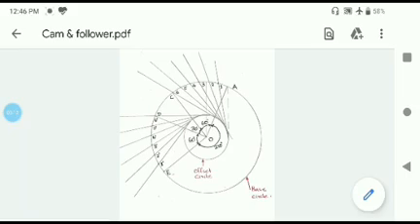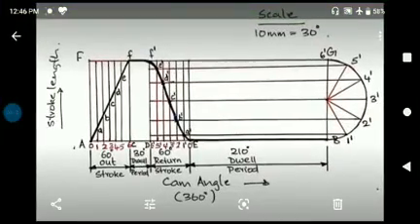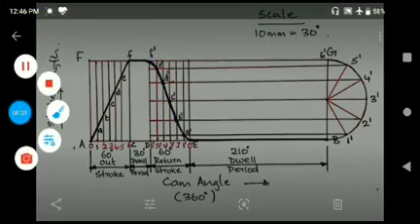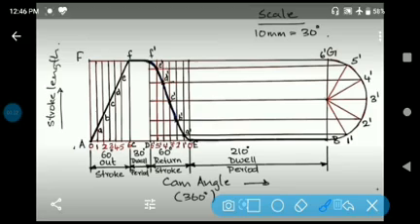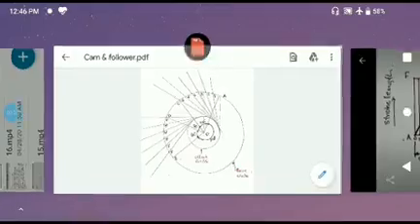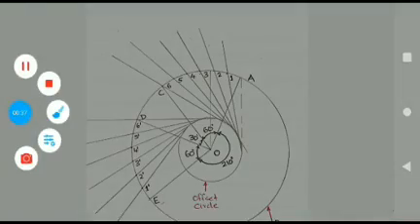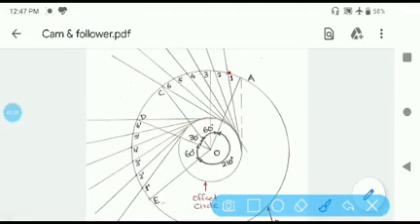you go to the displacement diagram like before. You take 1A in your compass, and then with 1 as center, you draw an arc on this line.